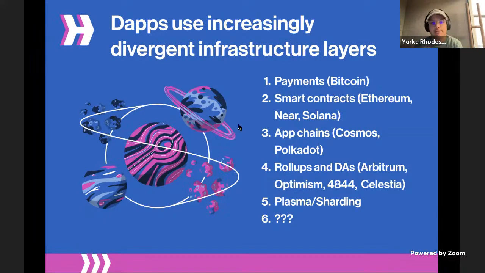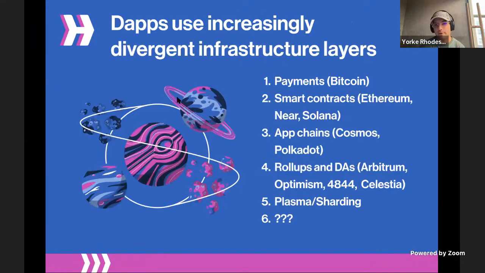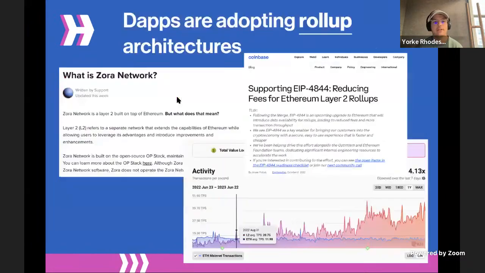So this is my timeline of how we're diverging in the infrastructure that dApps actually use. And this presents a problem. Well, first of all, it's exciting because for a long time, these rollup frameworks were very theoretical, but I wanted to include a slide that shows that this is actually taking place in the market.